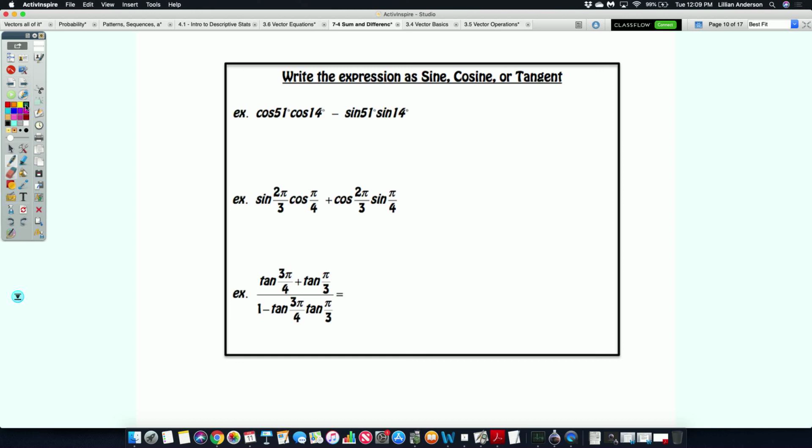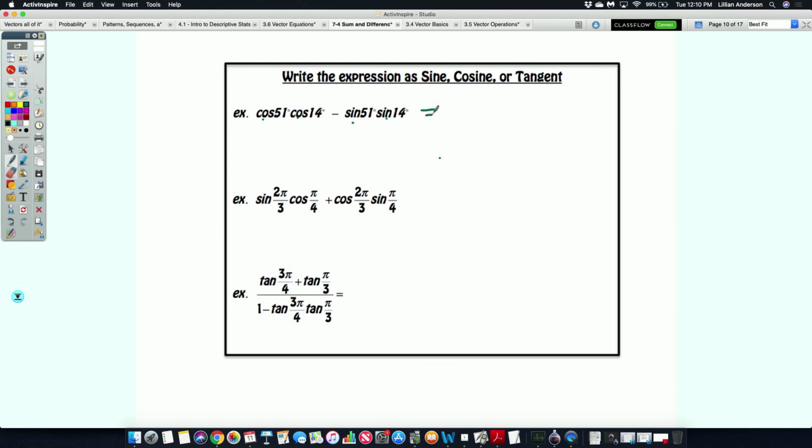When I look at this very first example, cosine 51, cosine 14, minus sine 51, sine 14, that looks very close to which sum and difference identity? The one for cosine. Because in cosine, the cosines are together and the sines are together, right? But because it's a minus in the middle, you're actually adding.